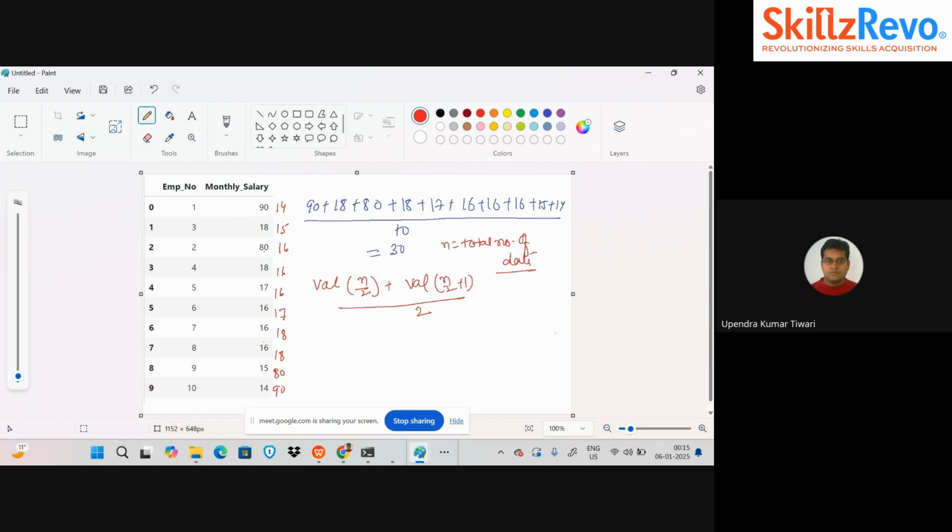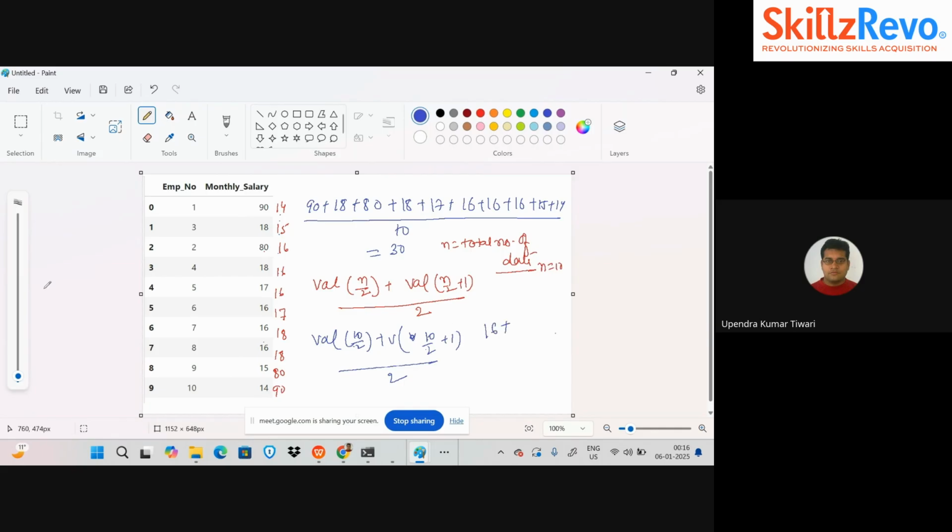Now we will apply the formula. What is the value of n? n equals 10 here, no? We have a total of 10 values. So putting this into the formula: value at 10 by 2 plus value at 10 by 2 plus 1, upon 2. It means we want the value at 5: 1, 2, 3, 4, 5, that is 16.